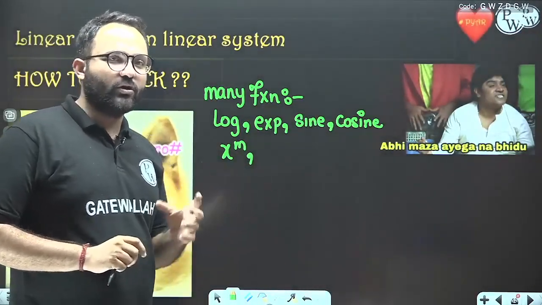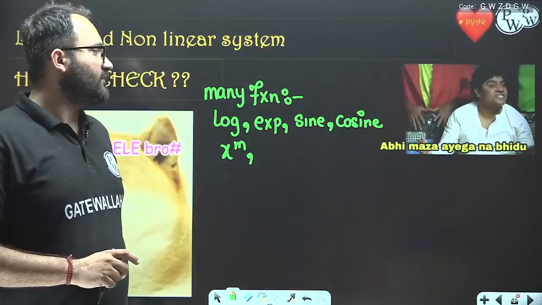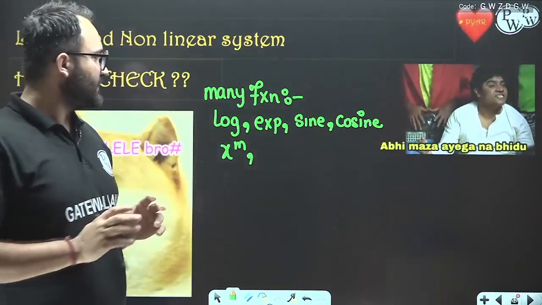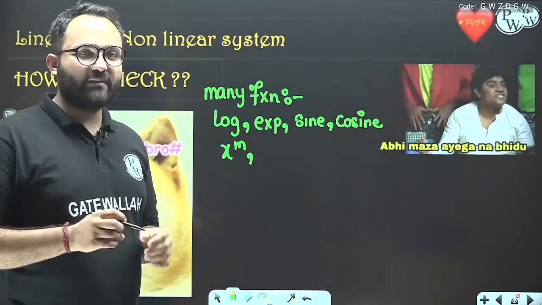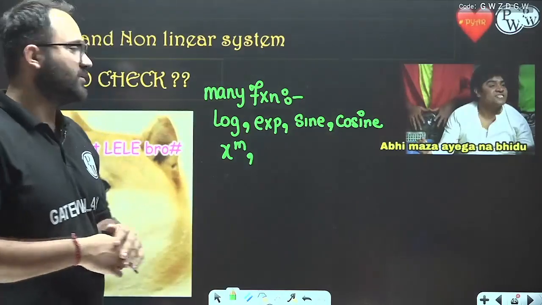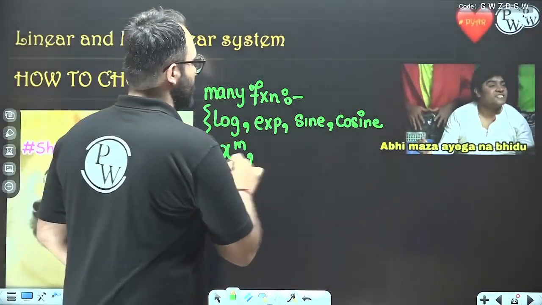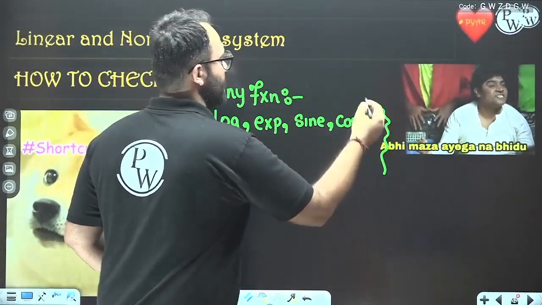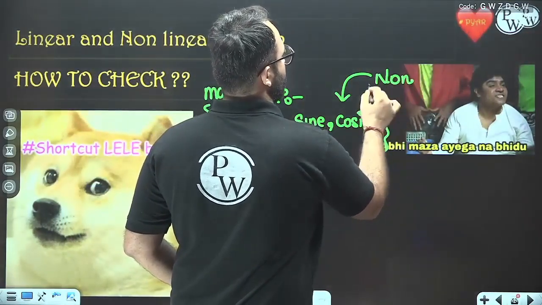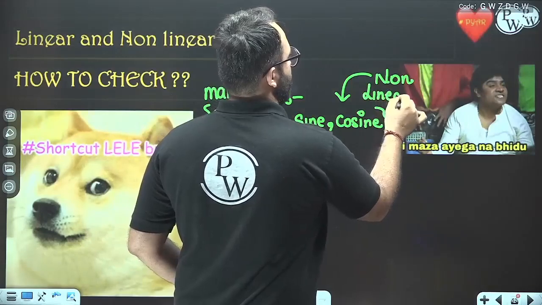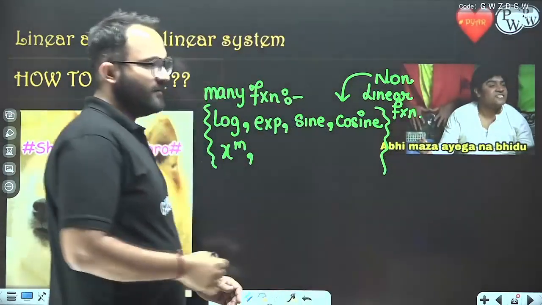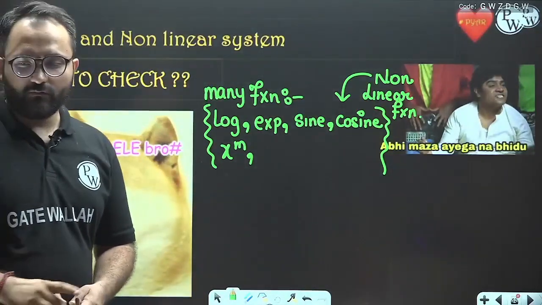When we draw log x, e to the power x, sine x, cosine x, or x to the power m where m is not equal to 1, all these functions are non-linear.